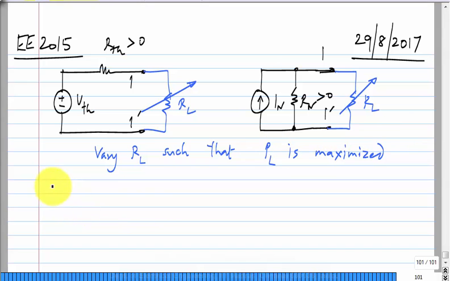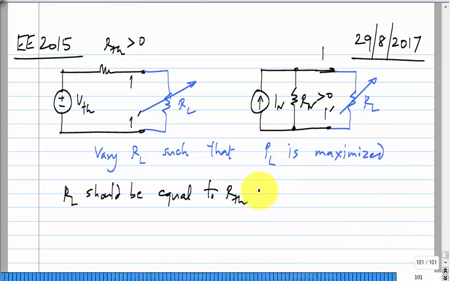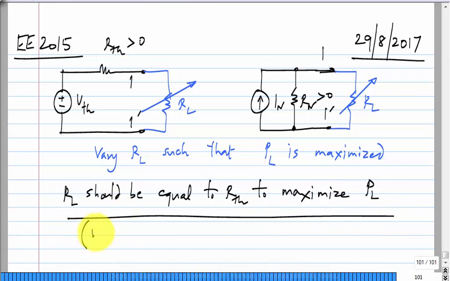We saw that if we do this, and again we also assume obviously that RL is more than 0, RL should be equal to RTH, the internal resistance of the source, and this is known as matching the load for maximum power transfer.